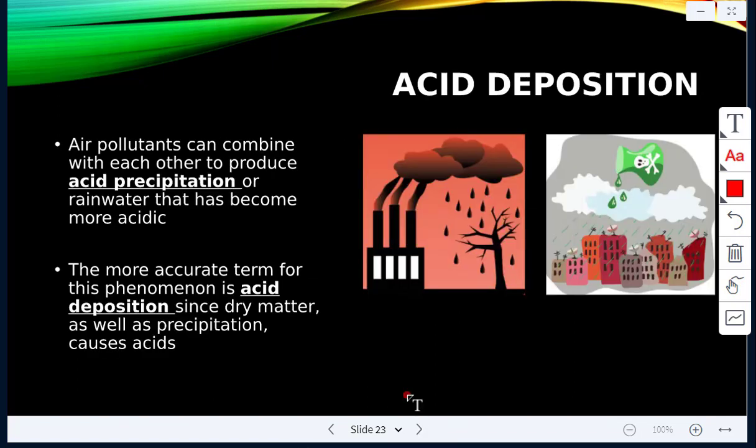Acid deposition is when the air pollutants in the air combine with each other, or with the water vapor in the air, to produce acid precipitation or acid rain that has become more acidic. The more accurate term we use is acid deposition because dry matter as well as precipitation can cause these acids.